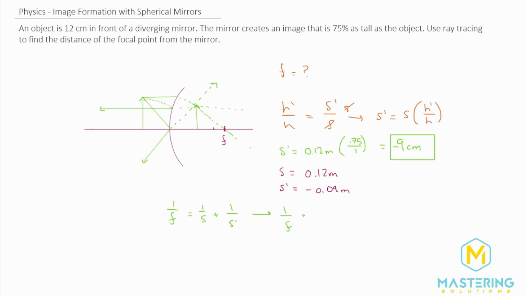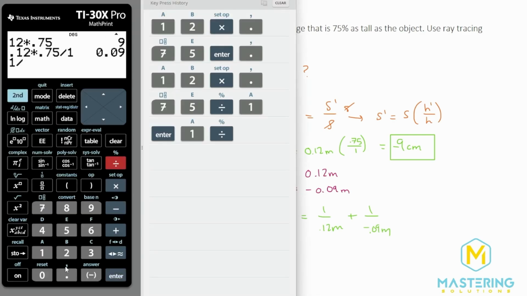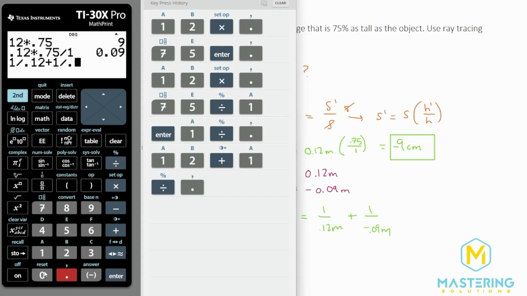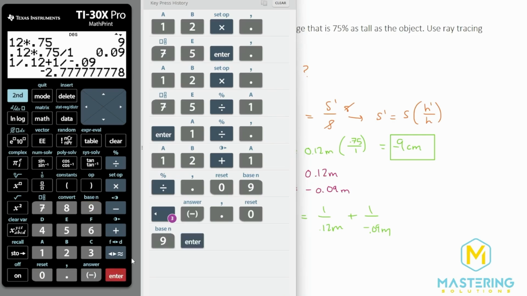So 1 over f is equal to 1 over s, which we said is 0.12 meters, plus the image distance, which we said is a negative 0.09 meters. So we have 1 divided by 0.12 plus 1 divided by negative 0.09. So we have negative 2.78, and that's diopters.